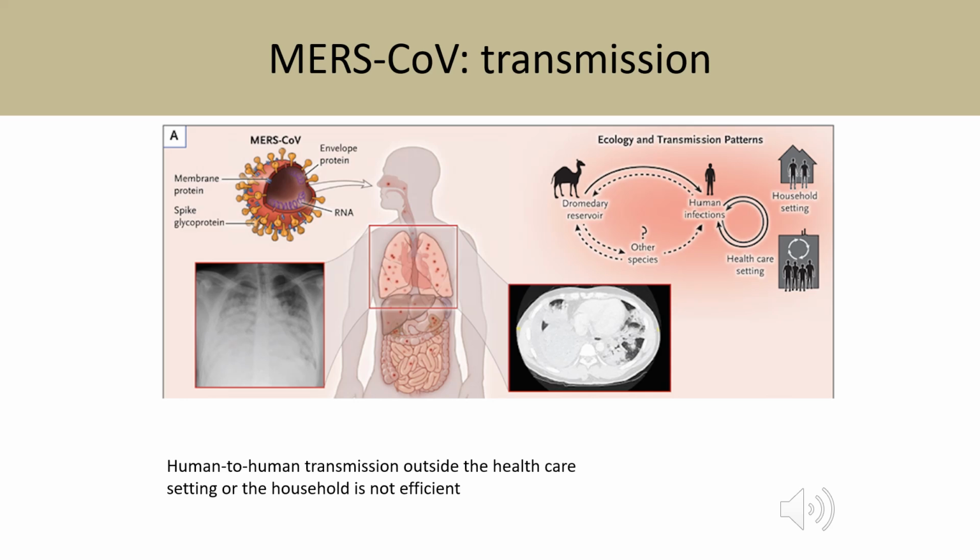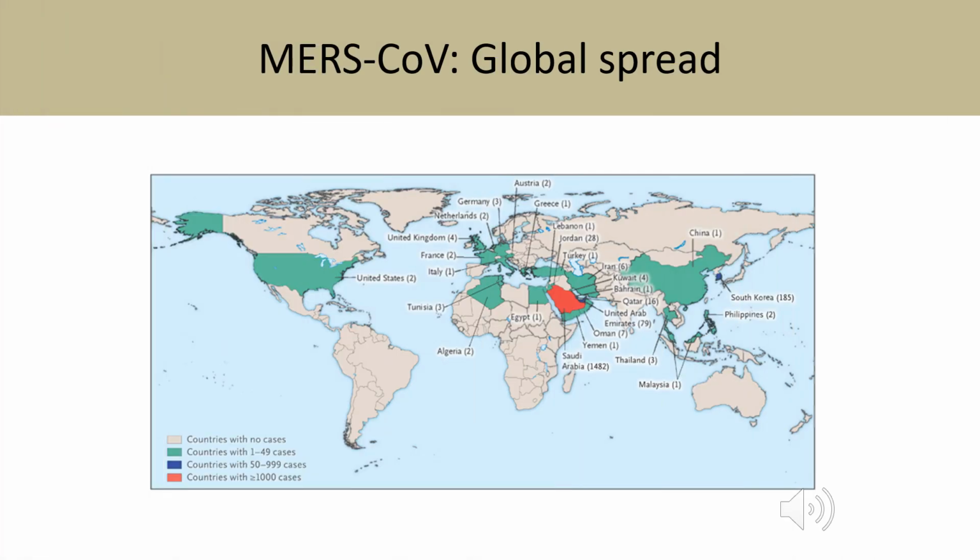So transmission of MERS-CoV is less efficient compared to the current SARS-CoV-2 virus. Most patients who got infected were in close contact with camels, or were household members of patients who were infected, or were healthcare workers who were taking care of those patients. So it's not as good at transmission as the current virus that we are facing.